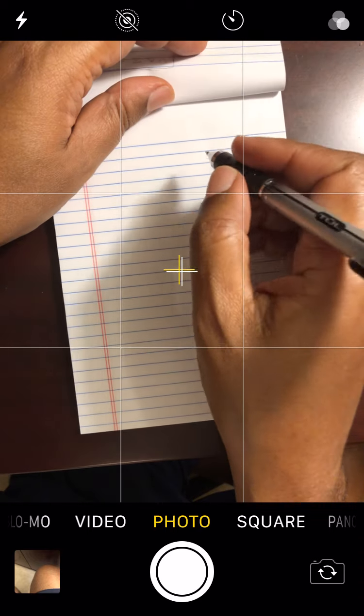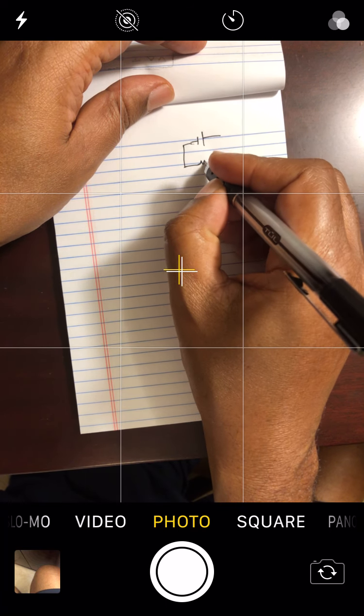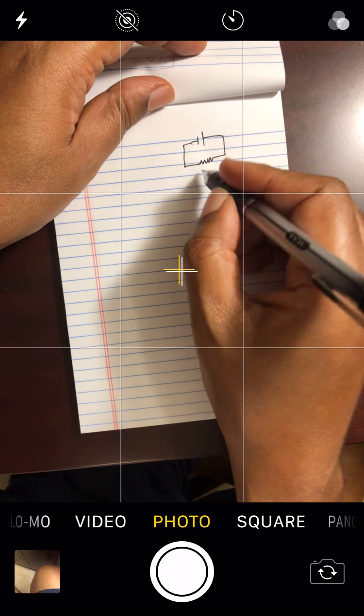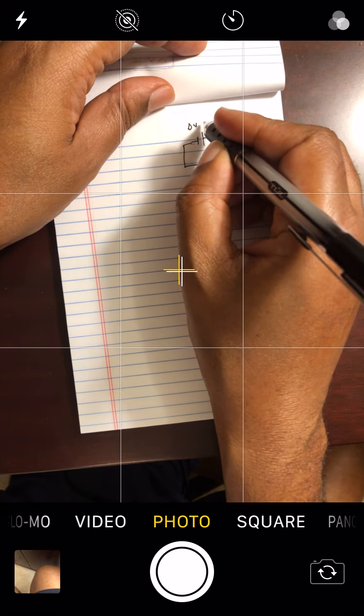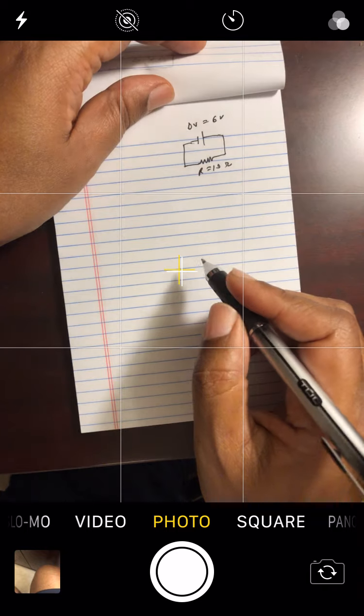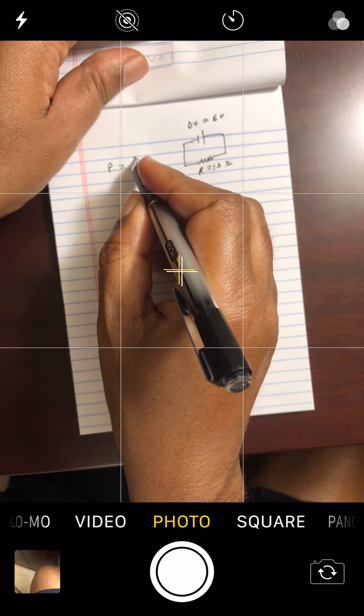We have the following situation. This is a battery connected to a resistor. We're told the resistance is 10 ohms and the potential difference is 6 volts. We're being asked to calculate power.